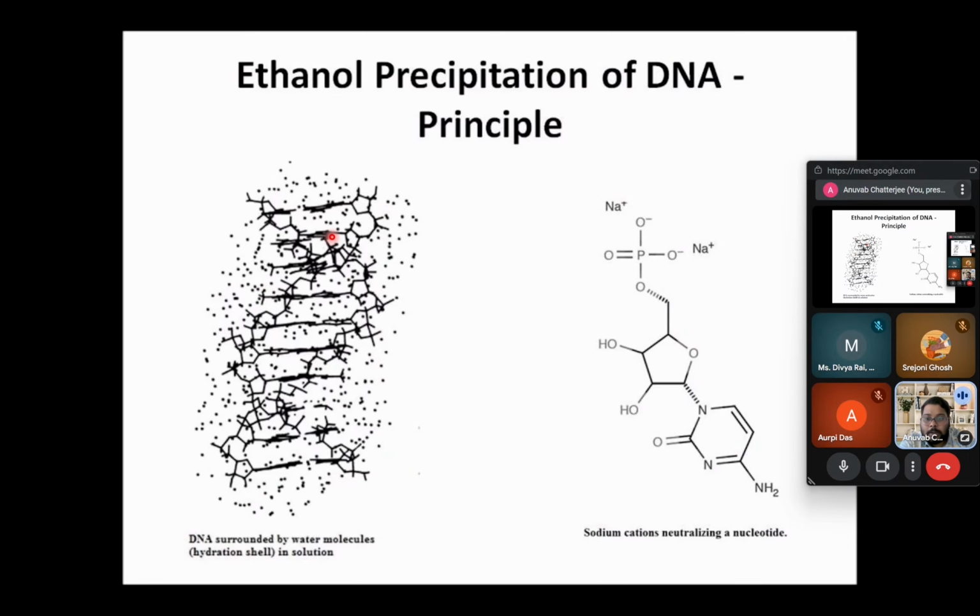So ethanol, so normally DNA we have seen is a double helix structure, but in solution it is soluble because it is stabilized by water molecules. All these dots that you see right here is known as a hydration shell. Essentially, the DNA has negative charges all along its backbone, but these negative charges, so close together, are unstable.